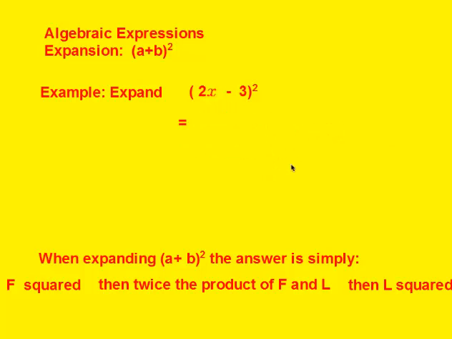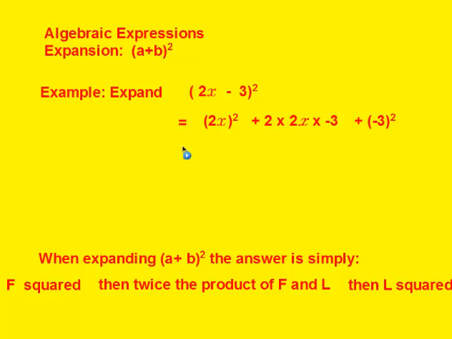And the last example. Using our shortcut, first squared means negative 2x all squared. Twice the product we'll write like this. Twice the product of the first, negative 2x, and the last, negative 3. And on the end, the last squared, so we're adding negative 3 squared.